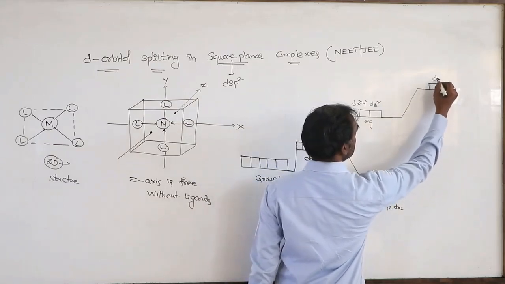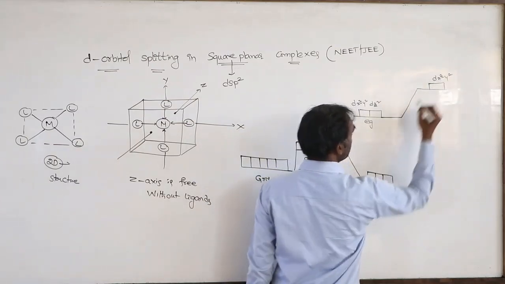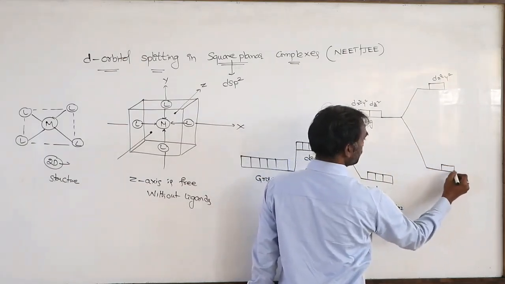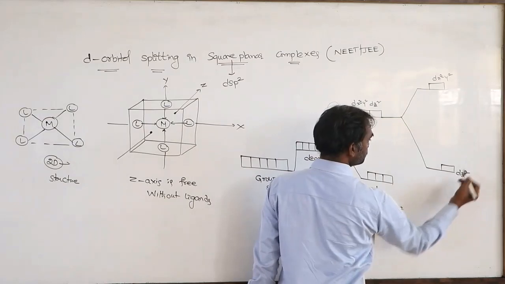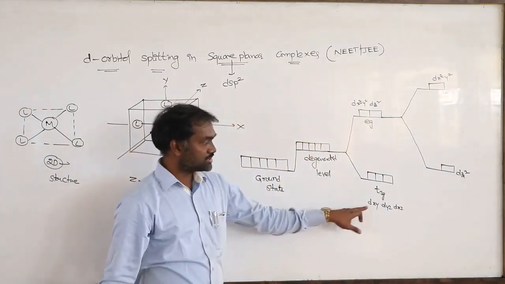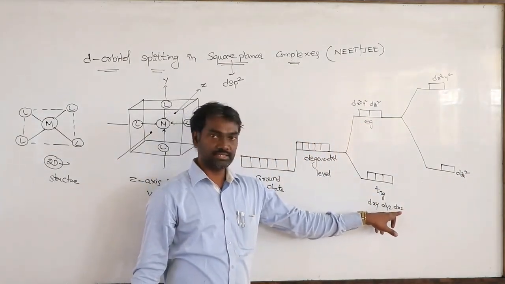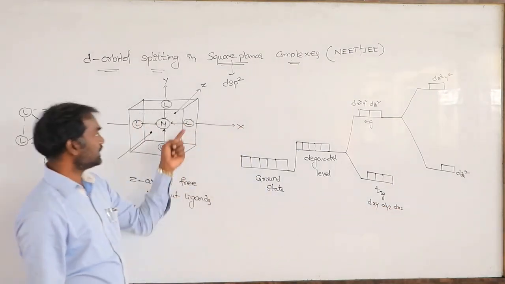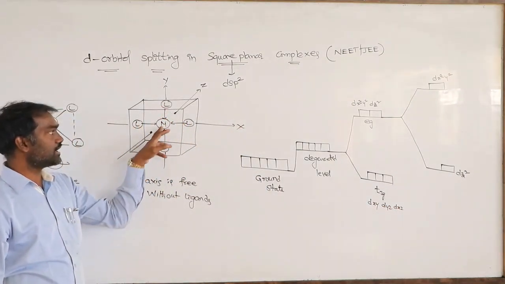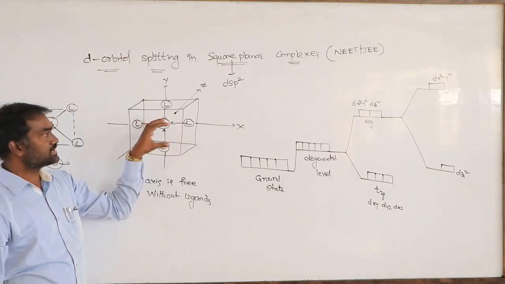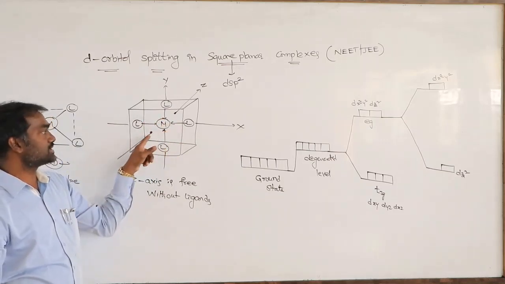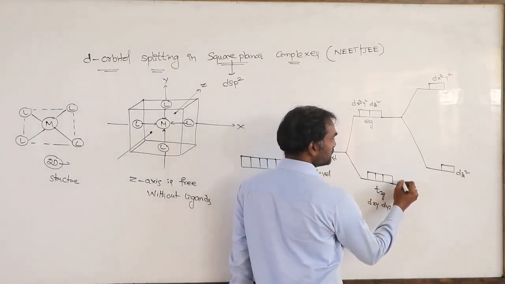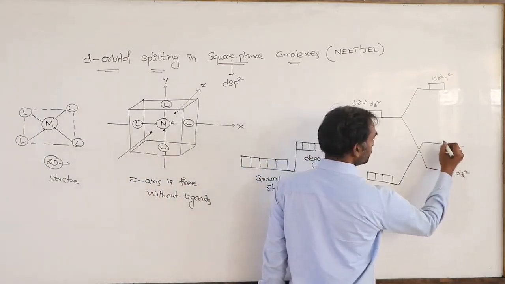Dx square minus y square goes above, and dz square comes down. Next, here also xy, yz and xz. Dxy feels more repulsion because every ligand is present on x and y only. Z has less repulsion. That's why xy also goes above.